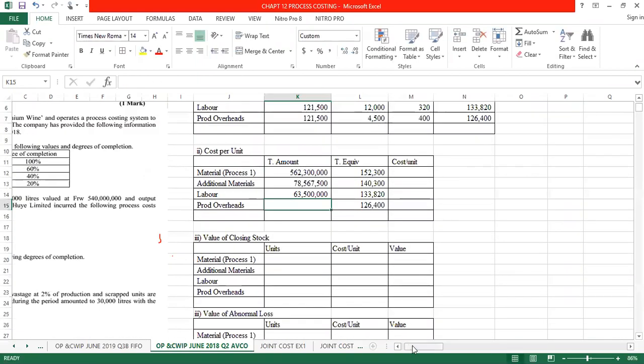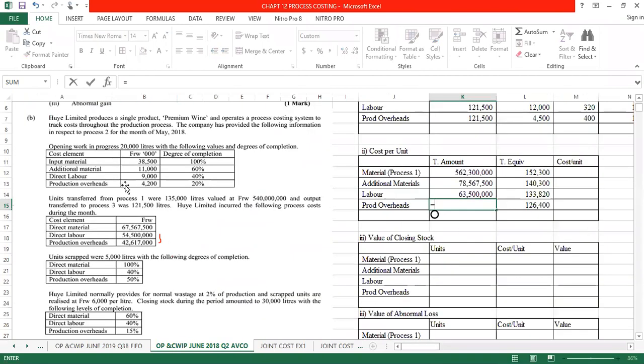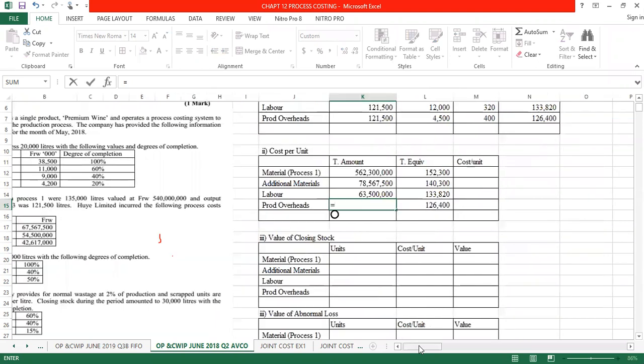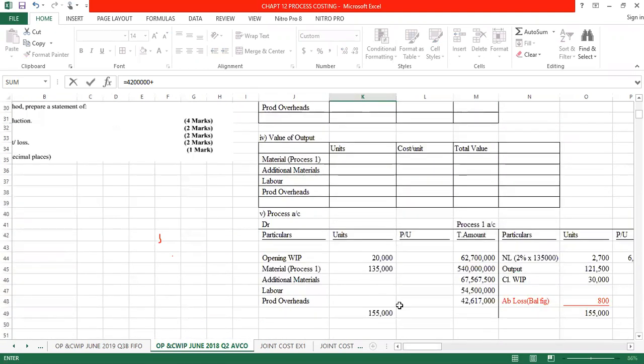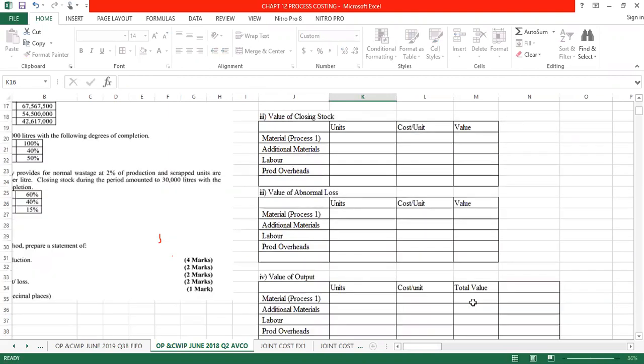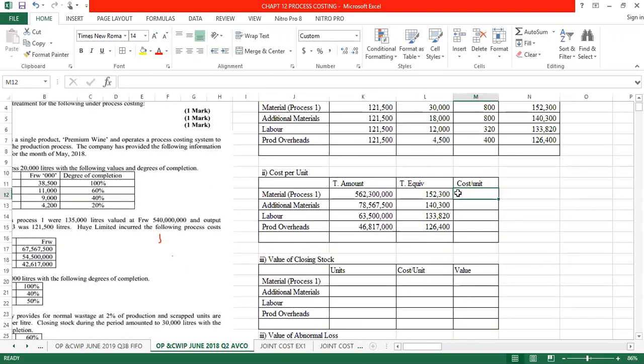Finally, overheads is equals to 4,200. Remember to add the 3 zeros. Plus 42, if I'm not wrong, 42. So are we in a position now to get cost per unit? Yes, this divided by that.